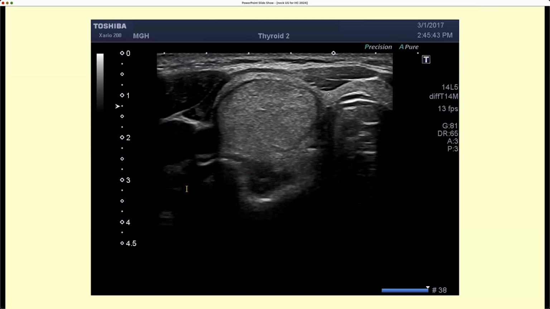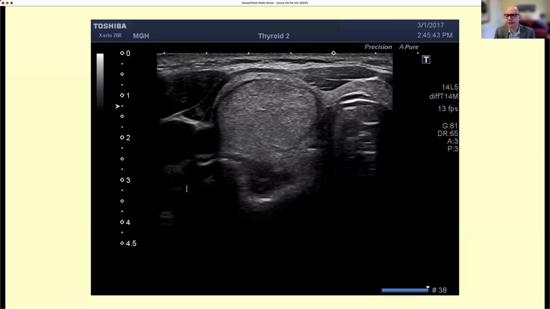It seems to be isoechoic. Isoechoic. And why do you call it isoechoic? It's the same echotexture as beside it, like the upper portion of it. So if I describe this nodule, I call it a solid isoechoic nodule with regular margins.